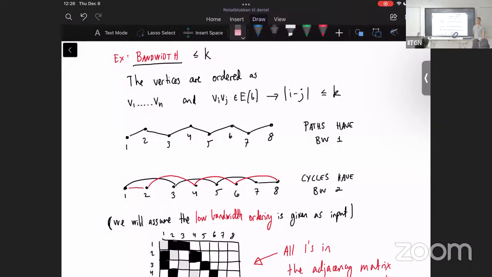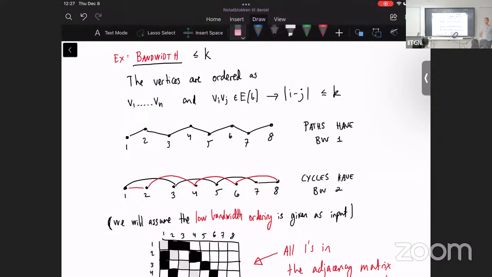So let me make a remark, and that is that bandwidth is, of course, hard to compute. However, the algorithm that we just saw works for generalizations of bandwidth called tree width and path width, which are easier to compute, or at the very least, constant factor approximable in c to the k time.